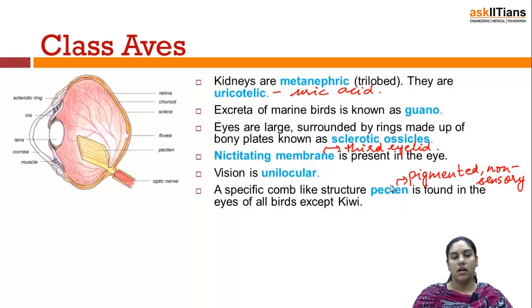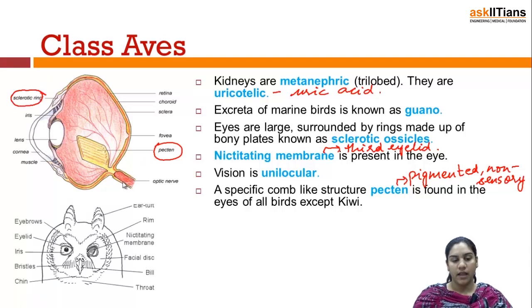So this figure shows a comb-like structure, that is the pecten, in the eyes of the birds. Also you can see the sclerotic ossicles, and here you can see the nictitating membrane that serves as a third eyelid in the bird's eye.